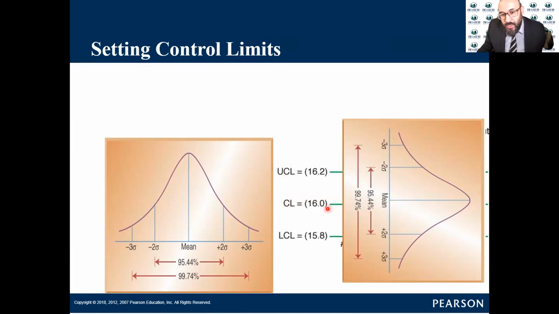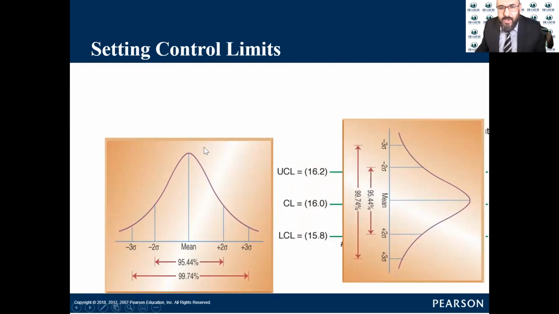So the control chart is basically the normal curve, the normal distribution, but flipped 90 degrees. So the mean would be the center line, and then you will identify the upper control limit and lower control limit based on the data that you have, based on how many sigma you're trying to do.